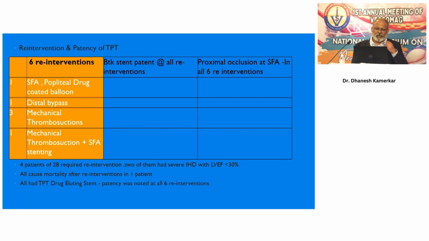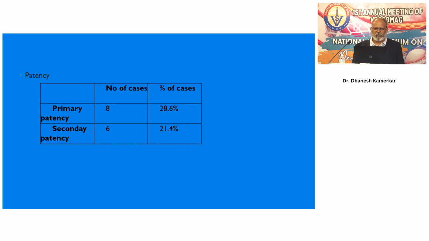Now 4 patients out of 28 required re-interventions. 2 of them had severe ischemic heart disease with LV ejection fraction less than 30% and had myocardial events peri-procedure, probably that's the reason the EF dropped further and had occlusion. All-cause mortality after re-intervention was in 1 patient and all had TP trunk drug-eluting stents. Patency was noted at all 6 re-interventions.